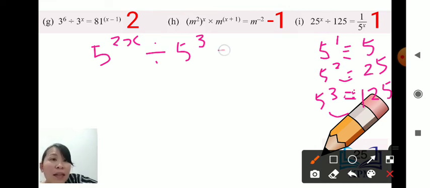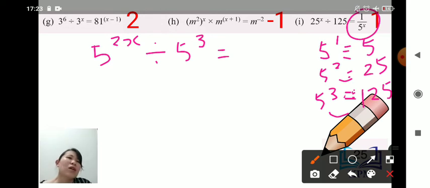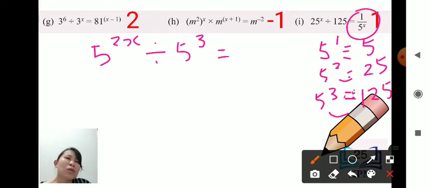Alright, the next one. Okay, this is negative index. Most students are confused with this, have difficulty with negative index. You have to be careful with this. 1 over 5^x can be written in the negative index form, so in the form of 5^(-x). So you have a lot to remember.